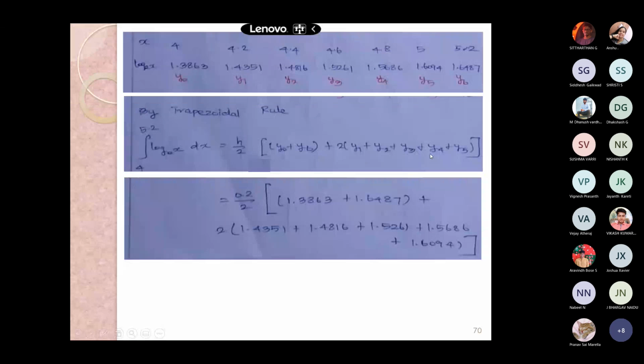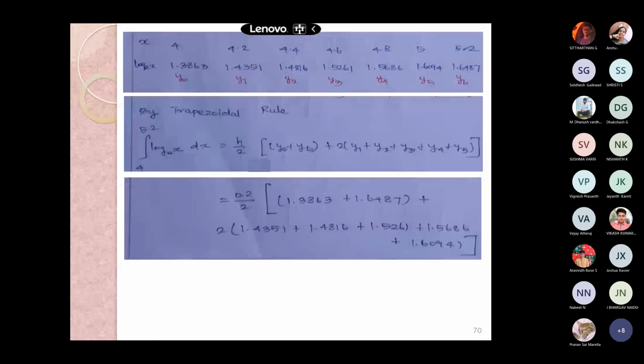The intermediate values have to be accumulated and multiplied by 2, then added to the initial and final values, multiplied by h, and divided by 2. And someone, please unmute your mic and tell me the result.